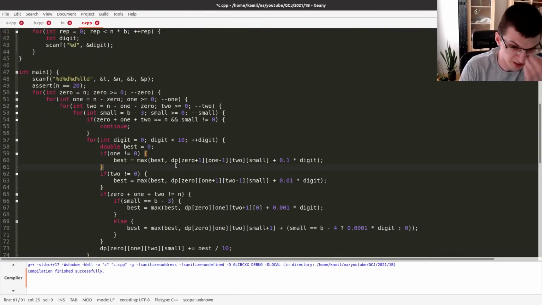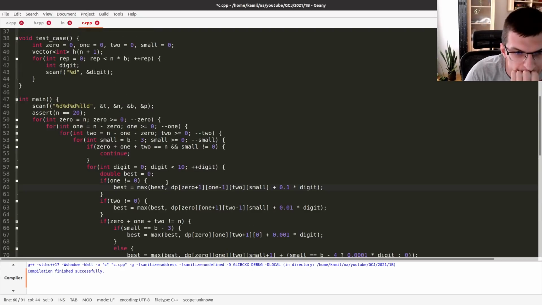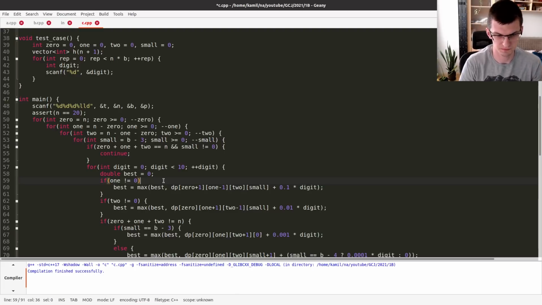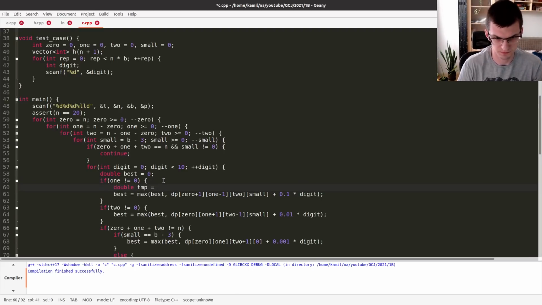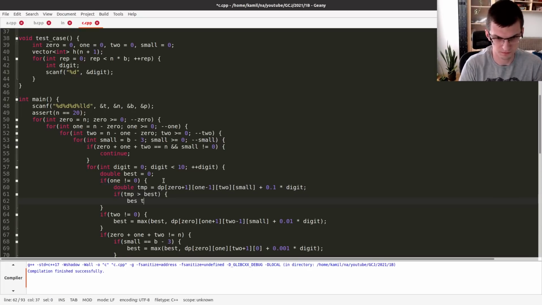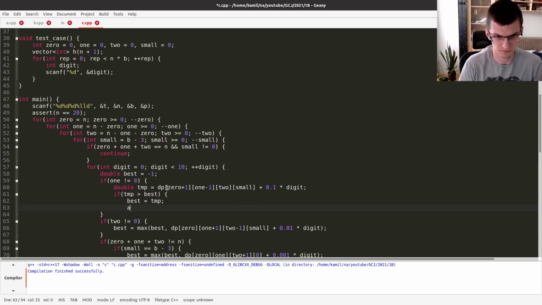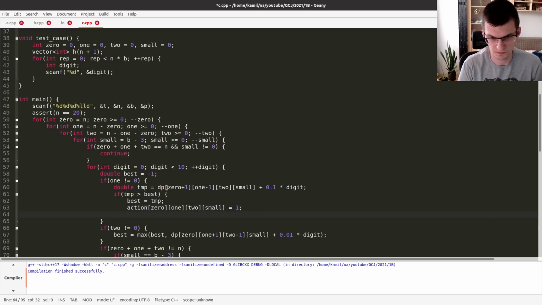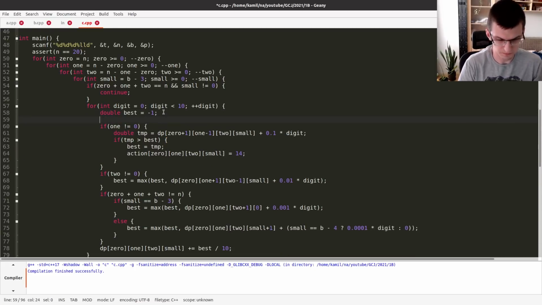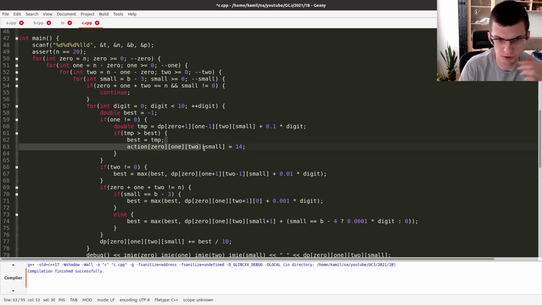Should I just save it here? This will be what to replace.